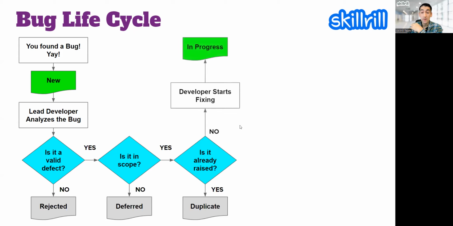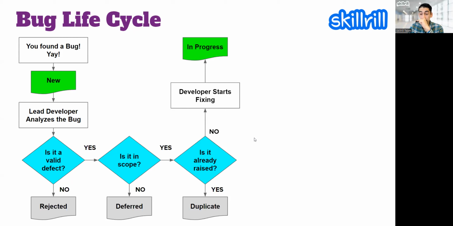Okay, now if all checks out, this is a valid defect, we need to fix it now, then developers start working on it. So it's going to be assigned to a particular developer, and that developer will start working on it, and the status will be in progress.